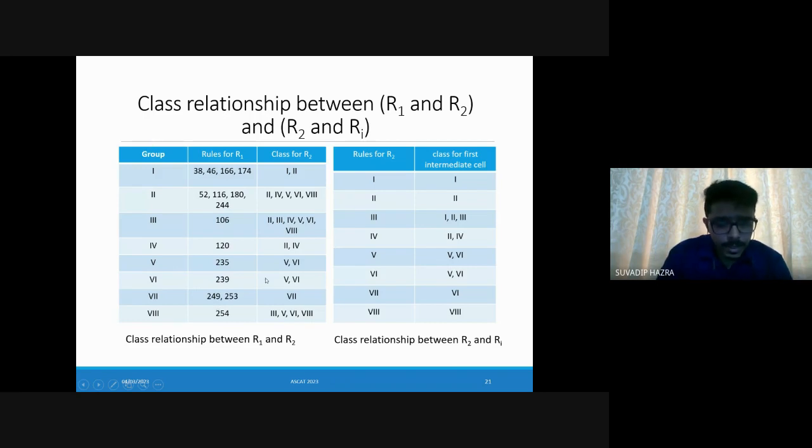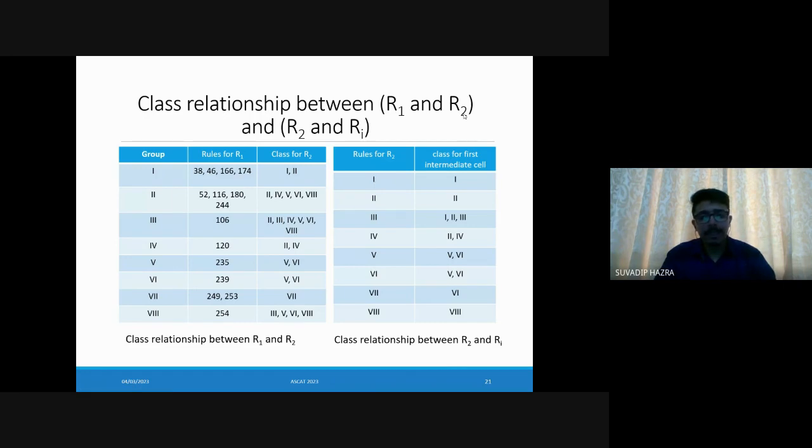What the first table is indicating is, suppose we have selected one rule from group 1. Then for the next cell, we can choose the rule either from group 1 or group 2. Similarly, the next table is indicating the class relationship between rule 2 and the first intermediate cell.